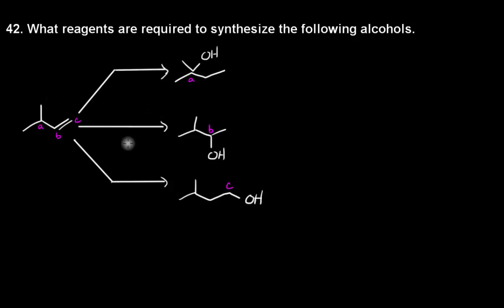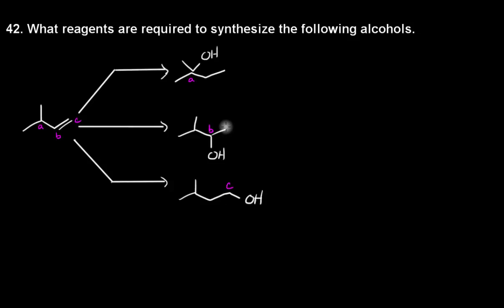So let's just say if we added our OH to carbon B, then we have basically three different ways to actually form an alcohol. One is doing an oxymercuration reduction, one is doing a hydroboration oxidation, and the other is an acid-catalyzed hydration.